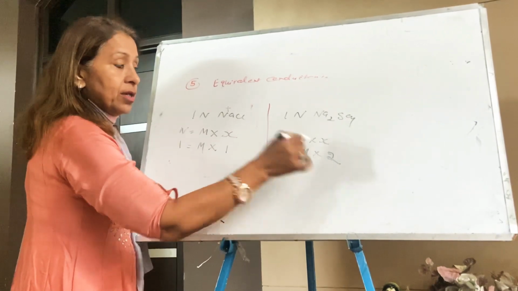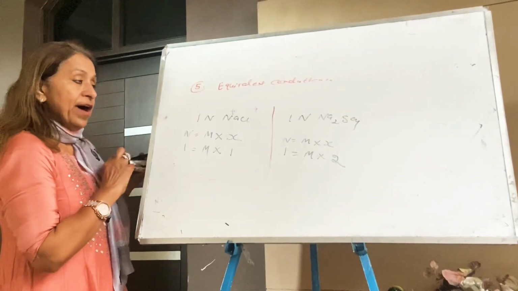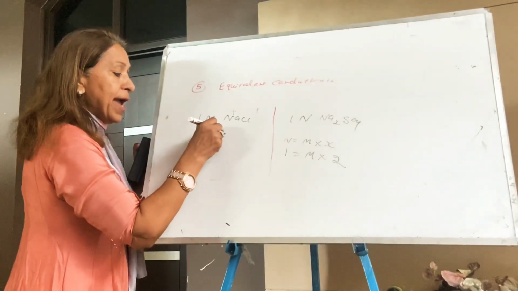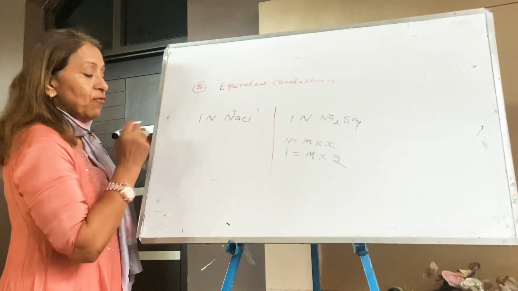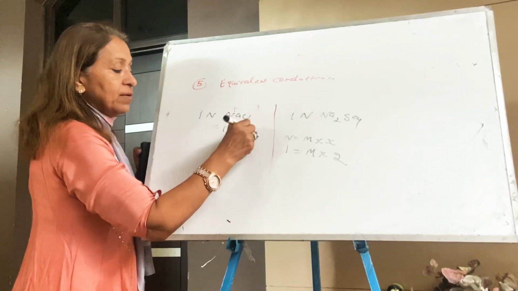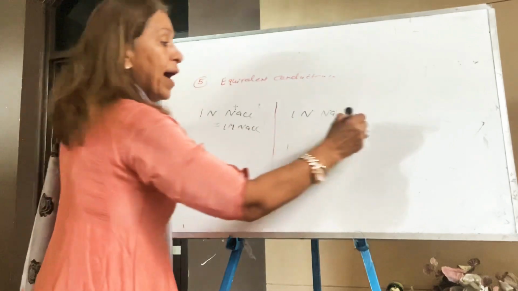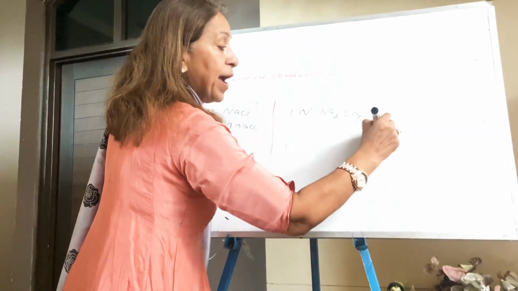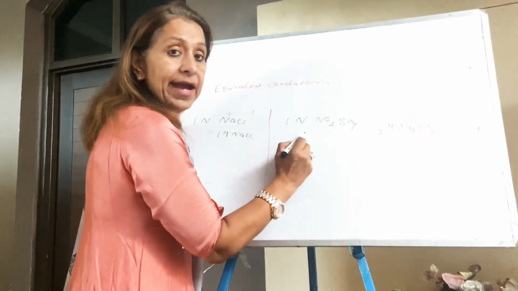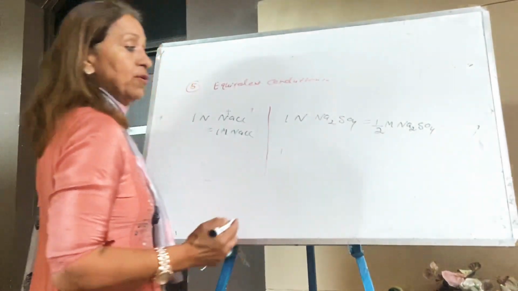That means 1 N NaCl is always equal to 1 M NaCl. But 1 N sodium sulfate is equal to half M sodium sulfate, as I calculated just now.